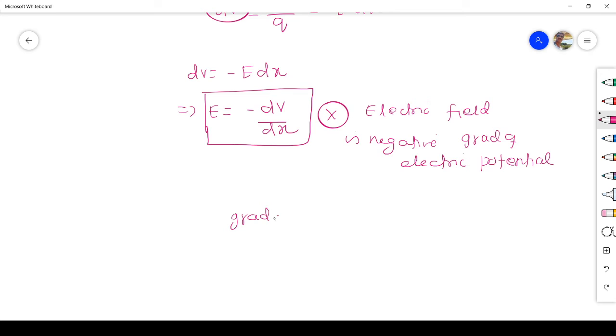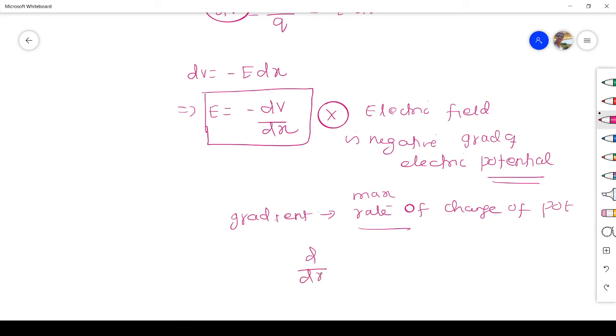Gradient is nothing but the rate of change, or simply the maximum rate of change, of some parameter. Here which one is changing? Potential is changing, so I put potential, right? We know what the rate of change of something is: d by dx, that we studied in 11th standard, right? So d by dx is nothing but rate of change with respect to x. dV by dx means the rate of change of V with respect to the change of x. That is what your gradient is.